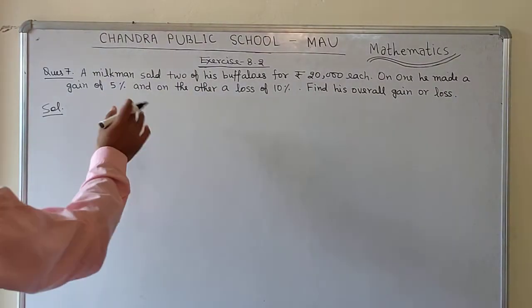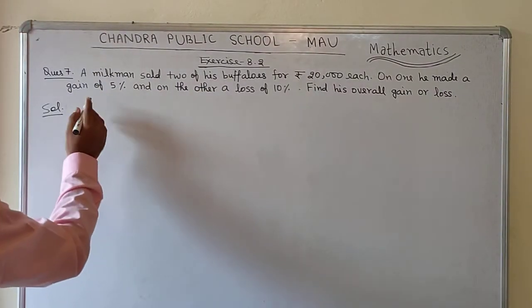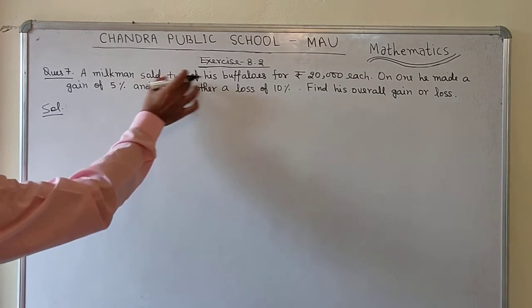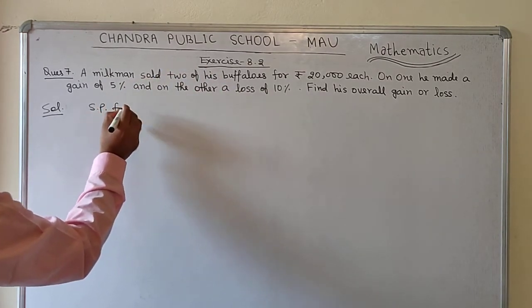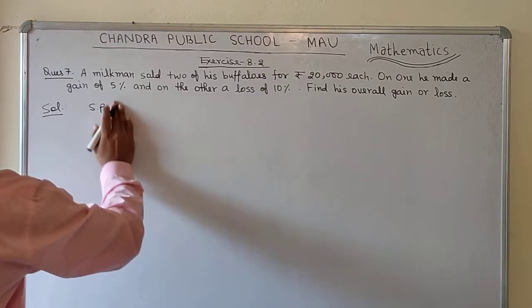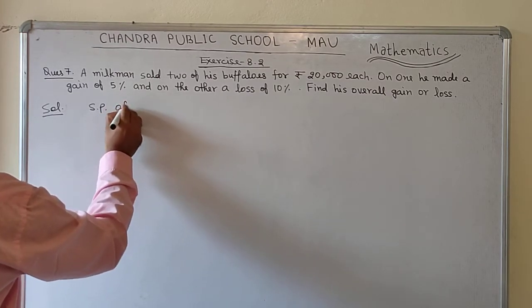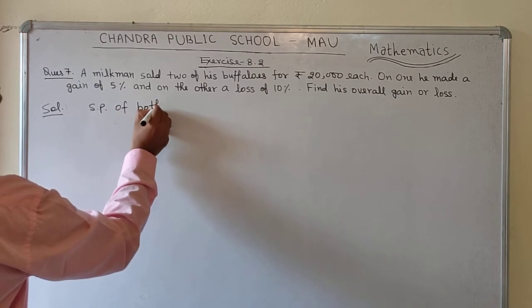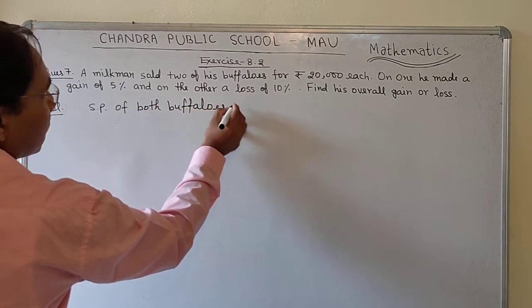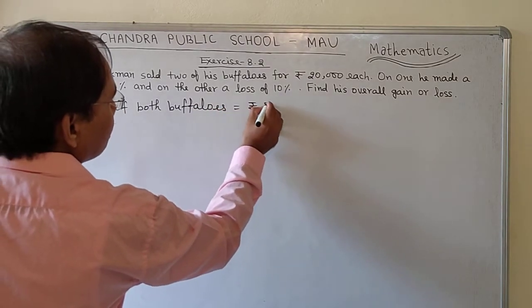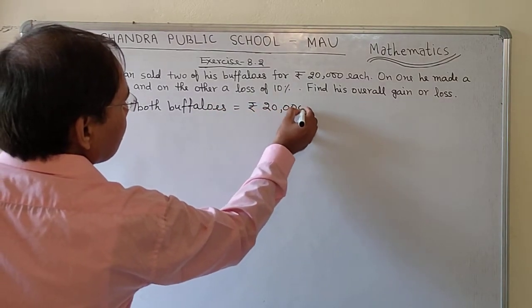So in this question it is given that the selling price of both buffaloes is equal to rupees 20,000 each.